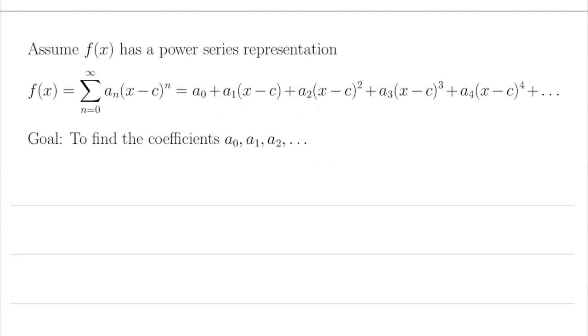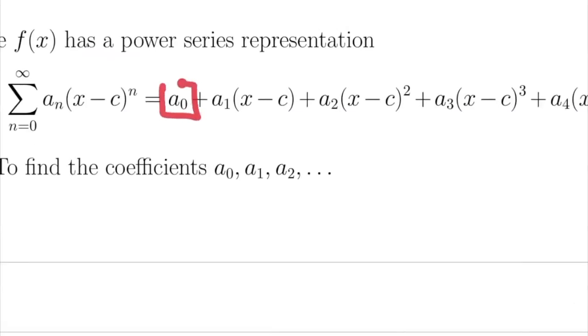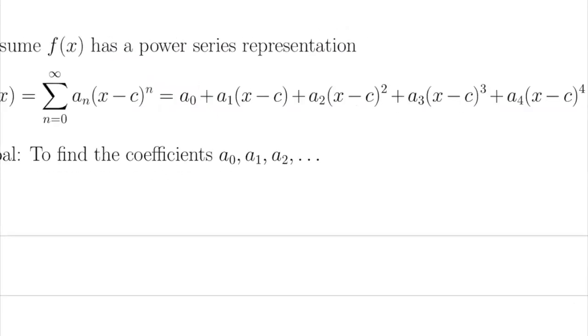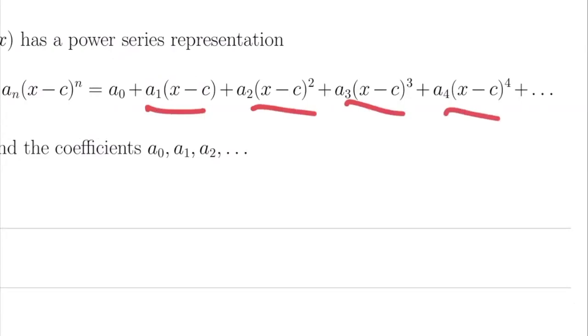It's actually pretty easy to find those a's. If you want a sub 0, all of these terms right here need to go bye-bye. So what do we need to do to make these terms disappear?